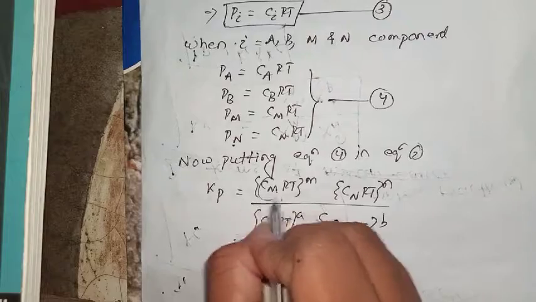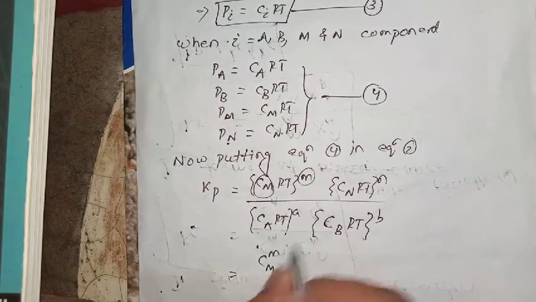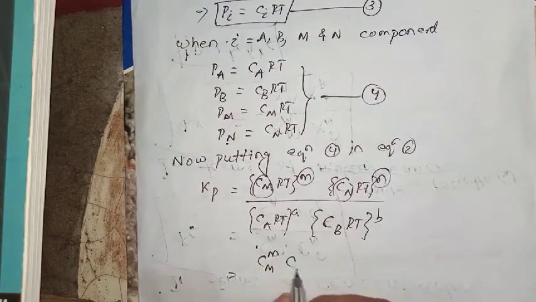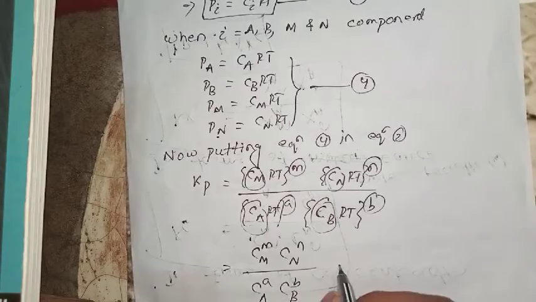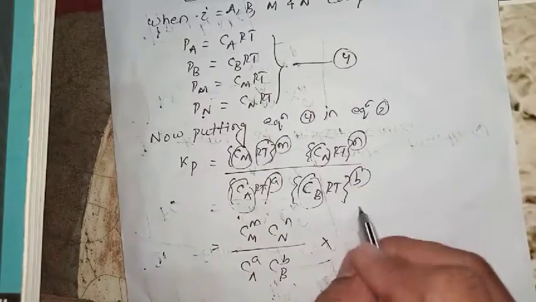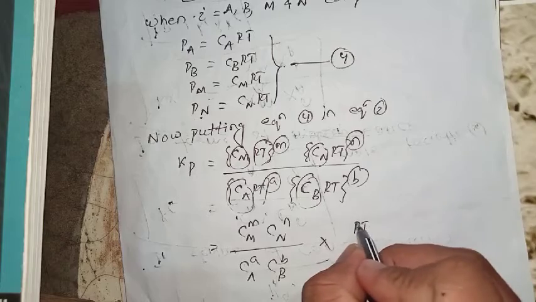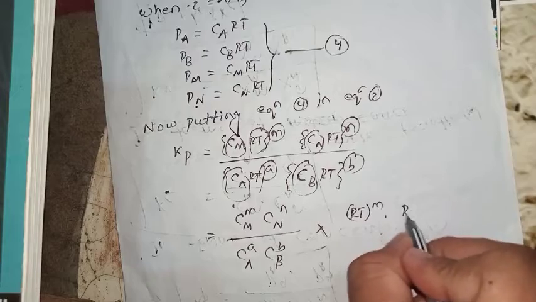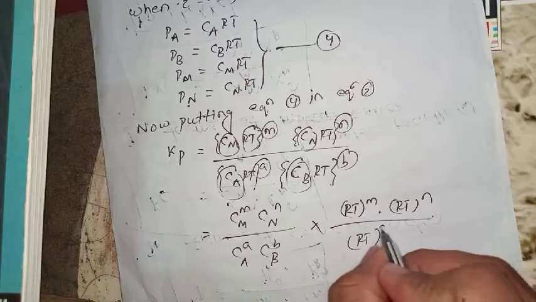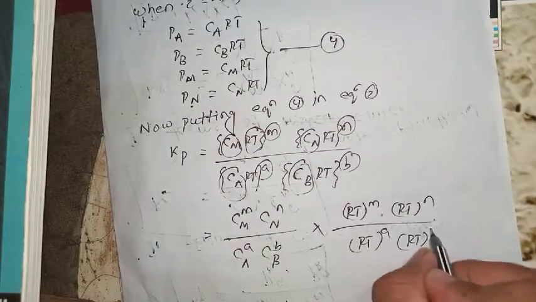This is equal to CM to the power m, CN to the power n, divided by CA to the power a, CB to the power b, into RT to the power m, into RT to the power n, divided by RT to the power a into RT to the power b.